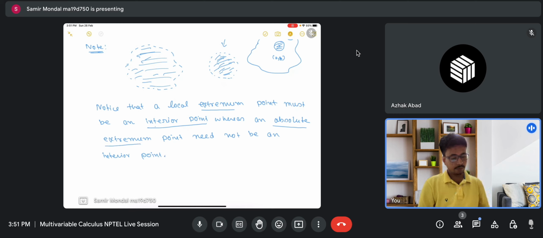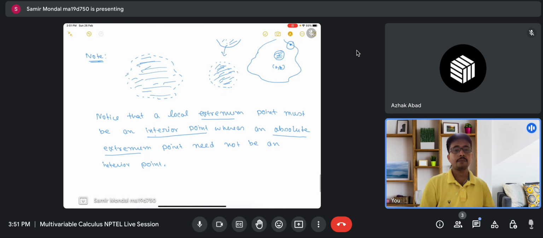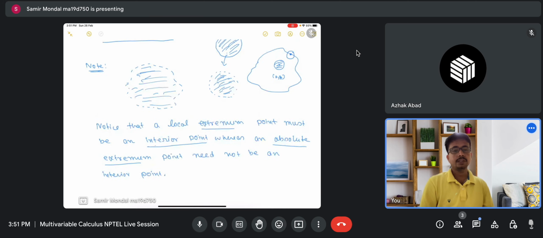So when someone is finding local maxima and local minima, if they only look at interior points, that is enough. But when we look for absolute extremum, we have to look at interior points as well as boundary points. Is it fine?